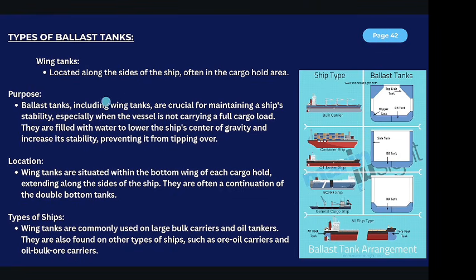The wing tanks are crucial for maintaining the ship's stability, especially when the vessel is not carrying a full cargo load. They are filled with water to lower the ship's center of gravity and increase stability, to prevent it from tipping over.